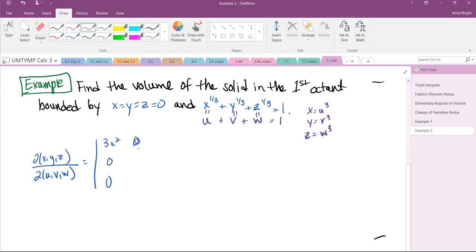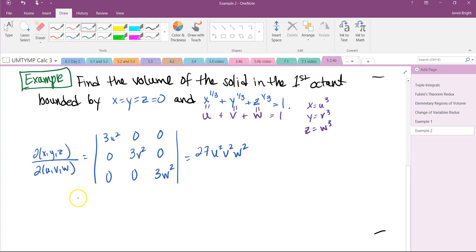And then with respect to v, 0, 3v squared, 0, and then with respect to w, 0, 0, and 3w squared. I take the determinant, and since it's diagonal, it's really nice. I just get 27 u squared v squared w squared. So that's my Jacobian, my expansion factor.